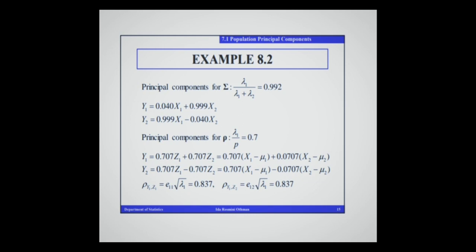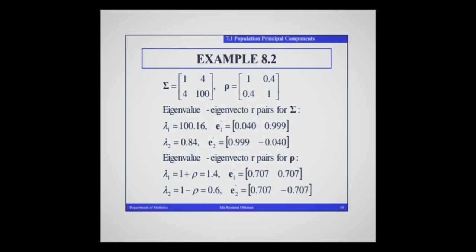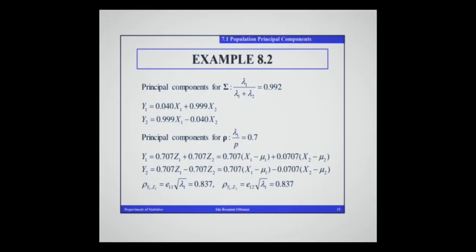Okay, so if we are using the matrix of big sigma, these two values are what you use to get the principal component. All these values here are from the eigenvector just now, the normalized eigenvector.